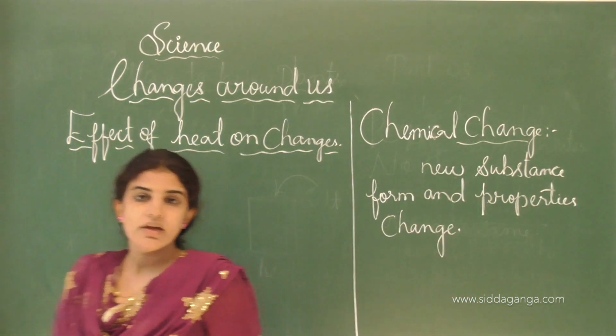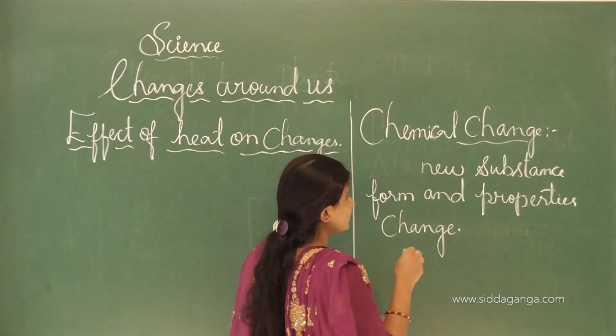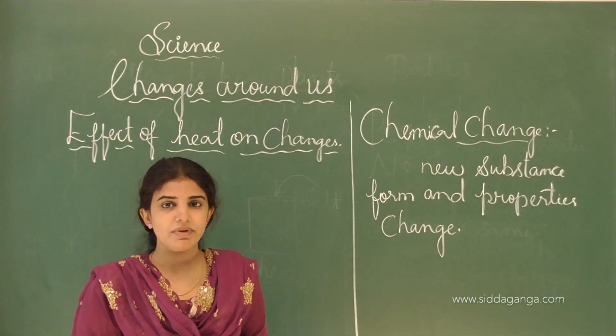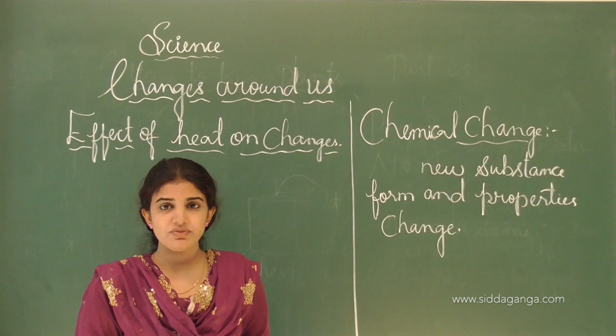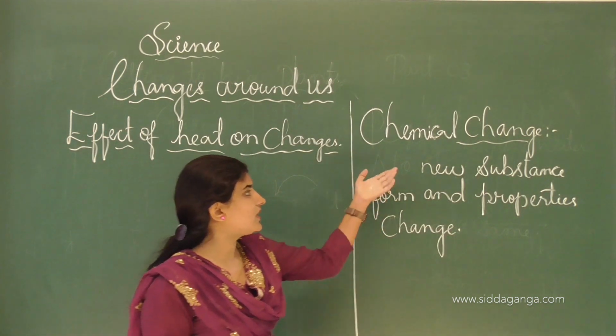See here, chemical change. In a chemical change, a new substance with new properties is formed. A change which takes place where a new substance and new properties are formed is known as a chemical change.